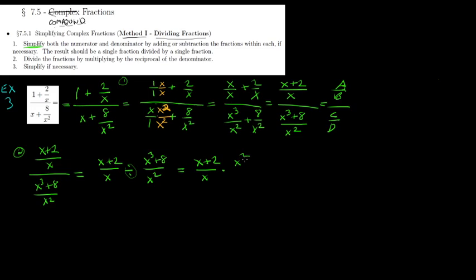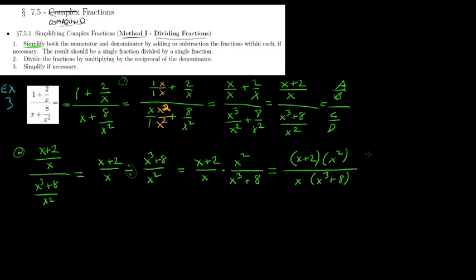When you flip it, you get x squared over x cubed plus 8. Okay. And how do you multiply fractions? Just straight across, right? We have x plus 2 times x squared all over x times x cubed plus 8.